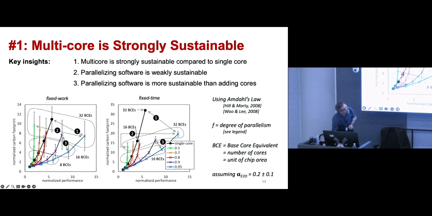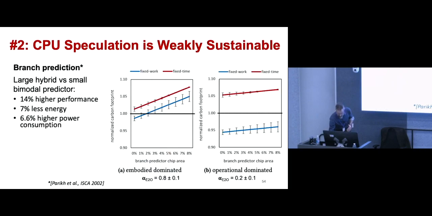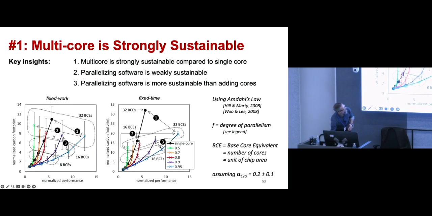If we are able to parallelize 95% of the application versus 90%, and instead of keeping the 32 cores that we had, we go for 16 cores instead, then we can reduce the carbon footprint and at the same time improve performance.